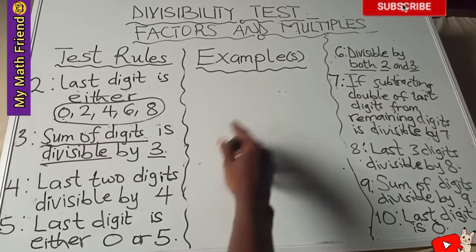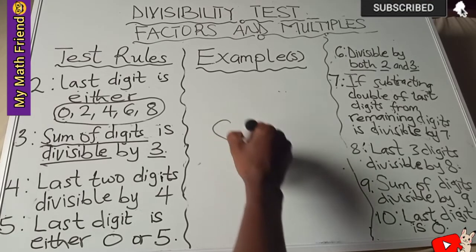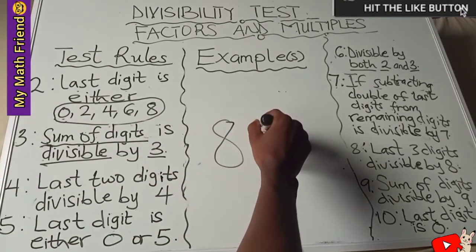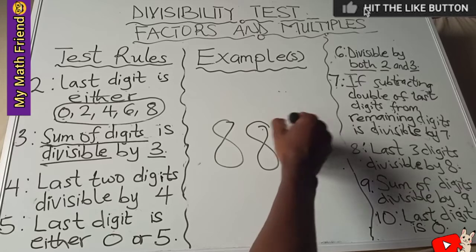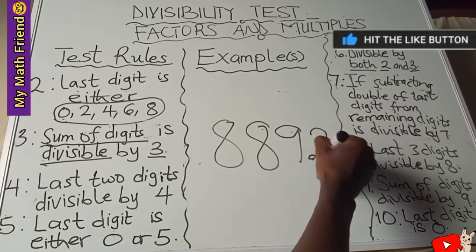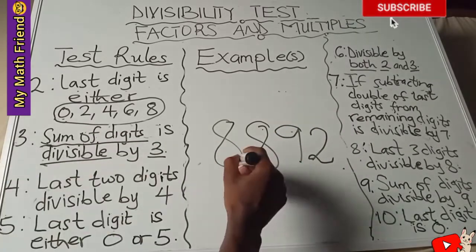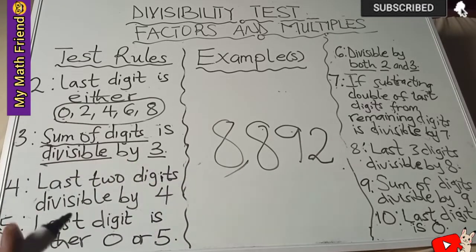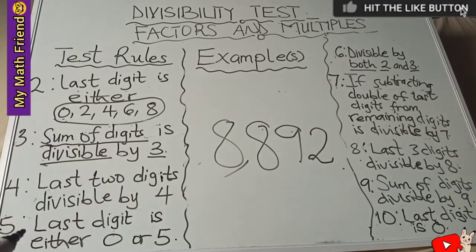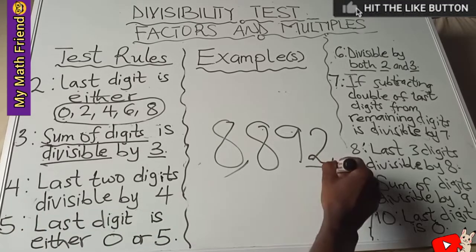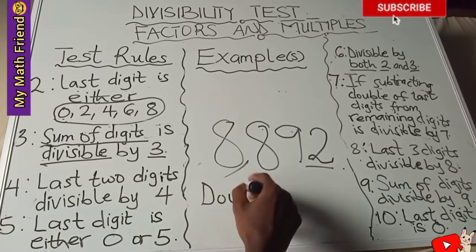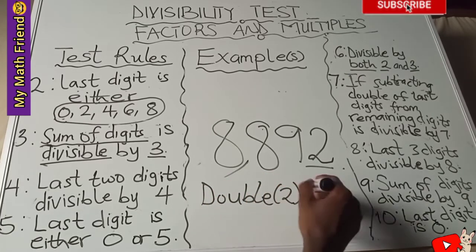The example is 8,892. Now it said subtracting double of the last digit. What's the last digit? Last digit is 2. So what's the double of 2? It's 4.